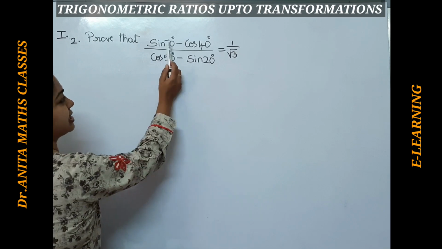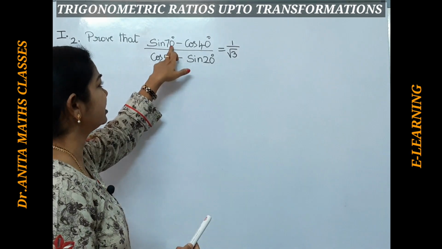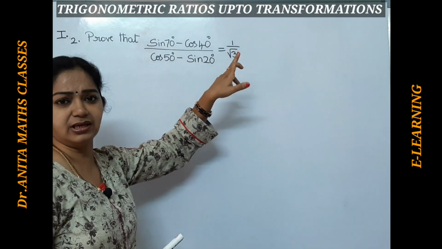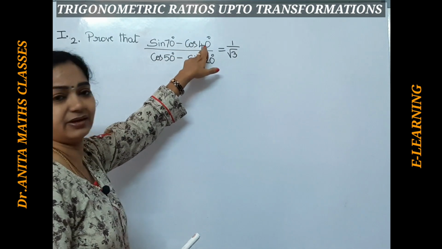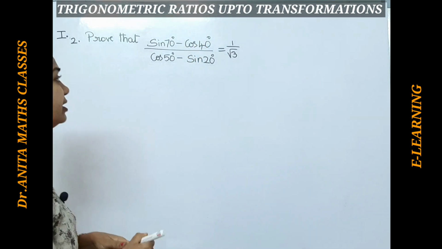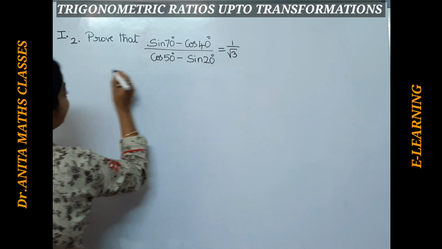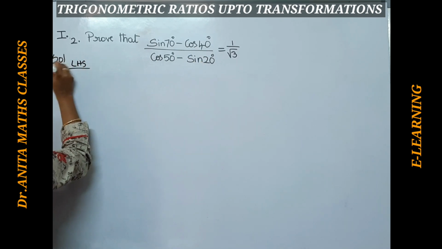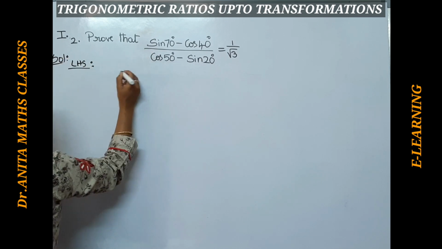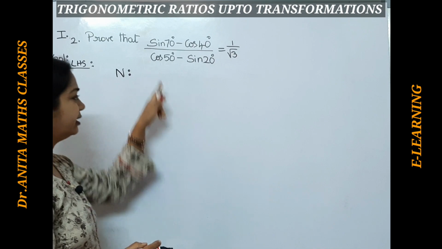Here you can see 70 degrees. The known values are 30 and 40, isn't it? Or we can also write 60 plus 10, 30 plus 10 likewise. So the known values we can bring into that. In the LHS, just the numerator part we will solve first, then the denominator part.